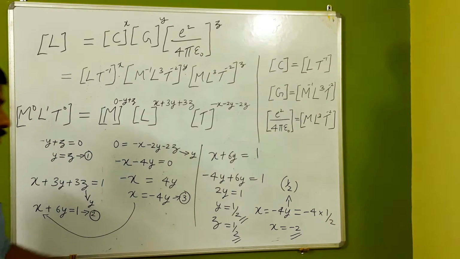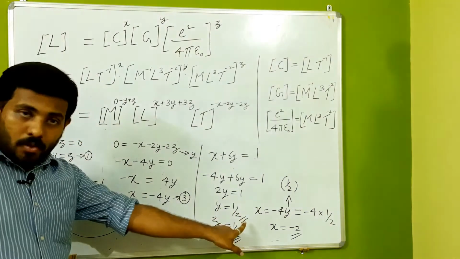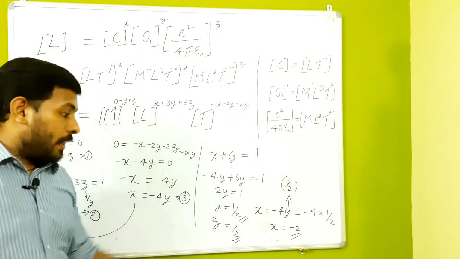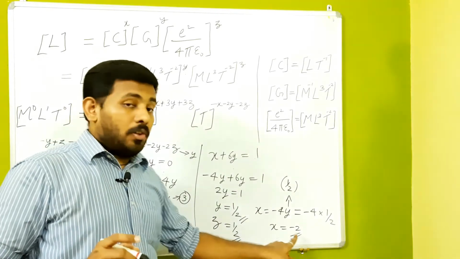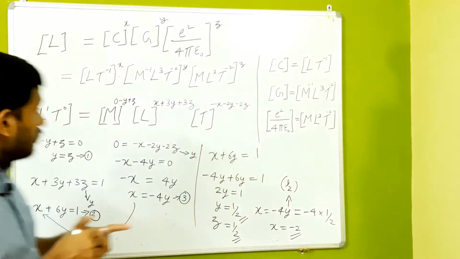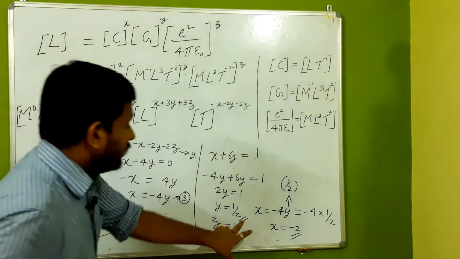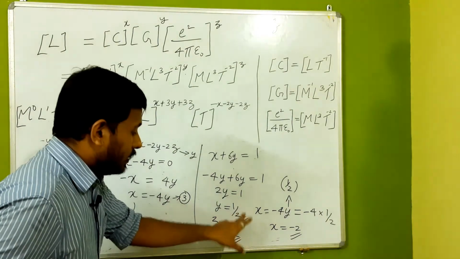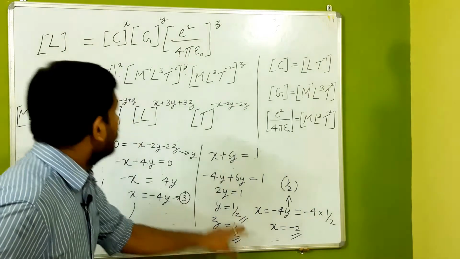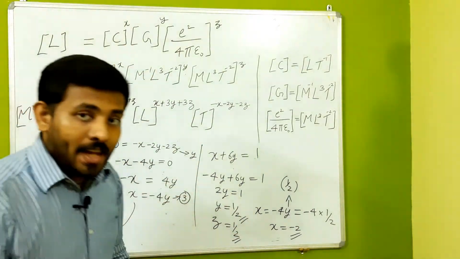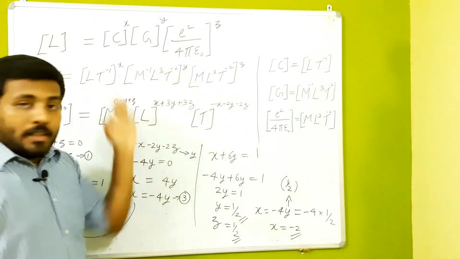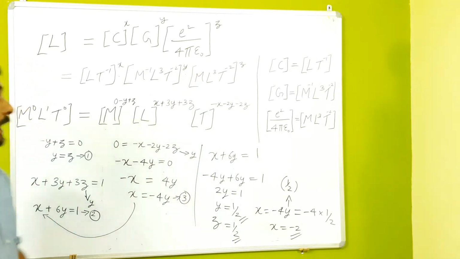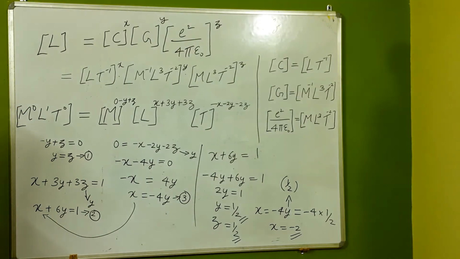Okay, so we get the value of y as 1 by 2, the value of z as 1 by 2, and the value of x is equal to minus 2. So we have to put these three values, that is x, y and z here, and we will get the answer. So please take it down, and after that we will write in the next page.